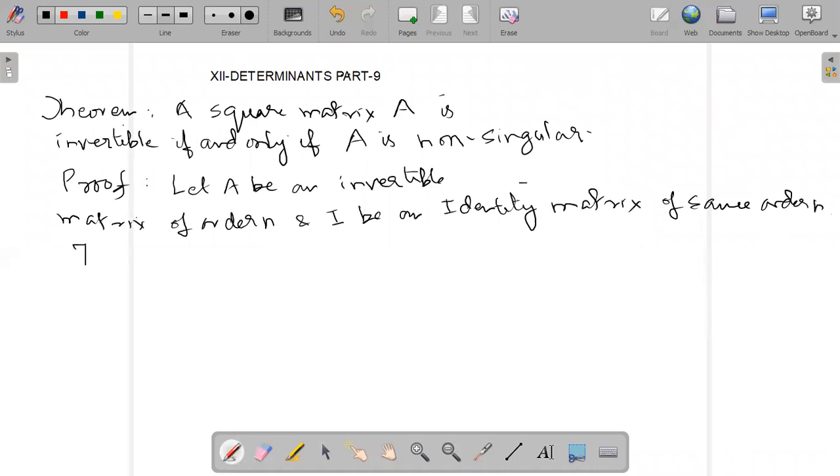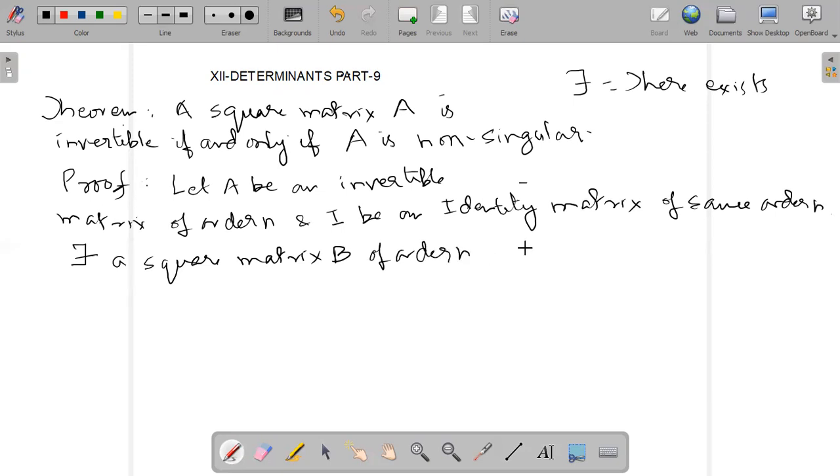Then there exists, this sign means there exists, a square matrix B of same order n such that AB = BA = unit matrix.